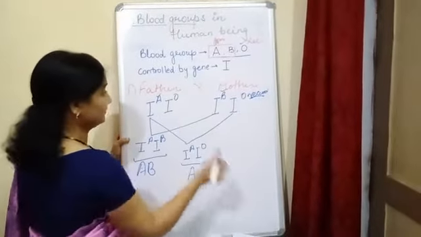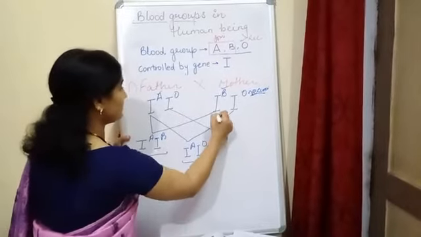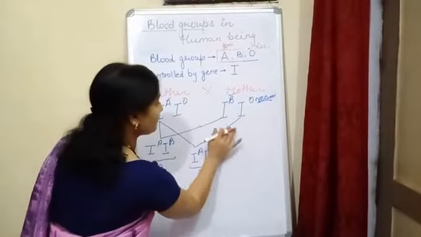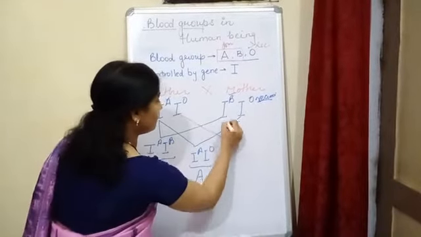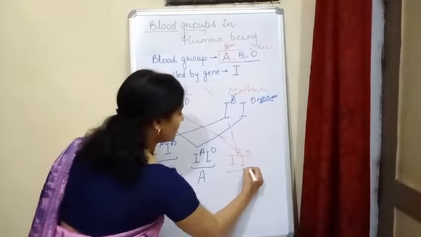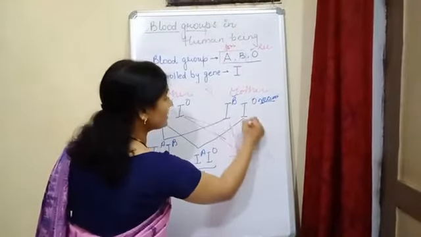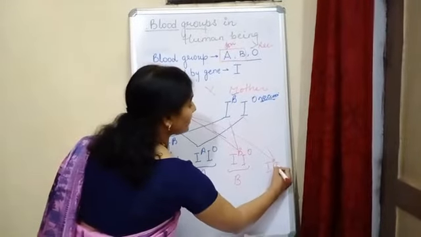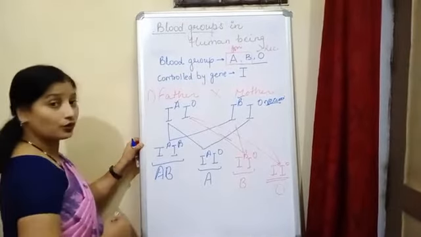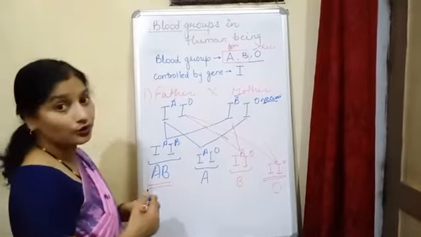Third condition, B and O, and the child will have blood group B. And the last condition, the law of recessiveness, and the child will have blood group O. So this AB obeys the law of codominance.